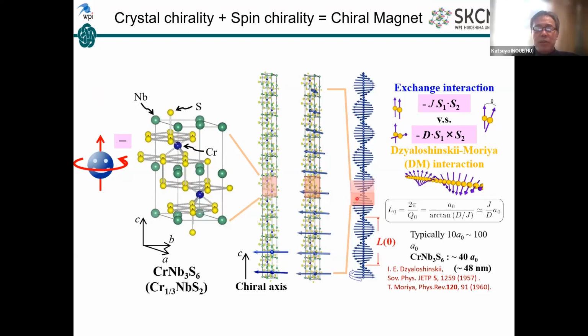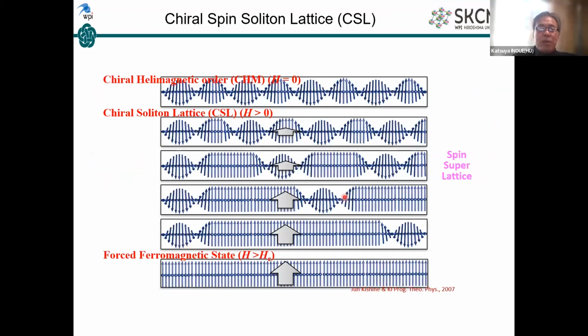In this case, we can make a spin coherent system, and we can generate a spin soliton system by applying a magnetic field. At zero magnetic field, the helicity makes a chiral helix system. If we apply the magnetic field, we can control the width of the soliton and generate a soliton.